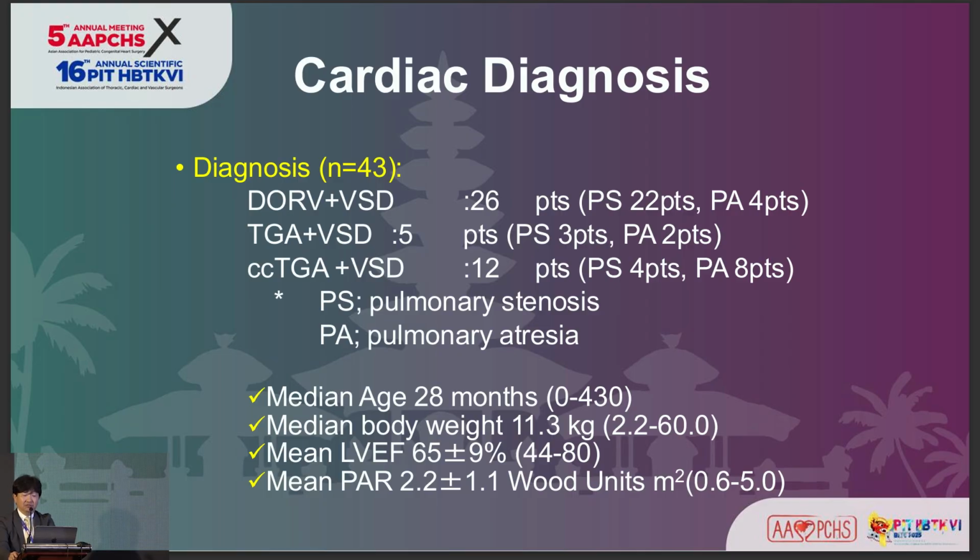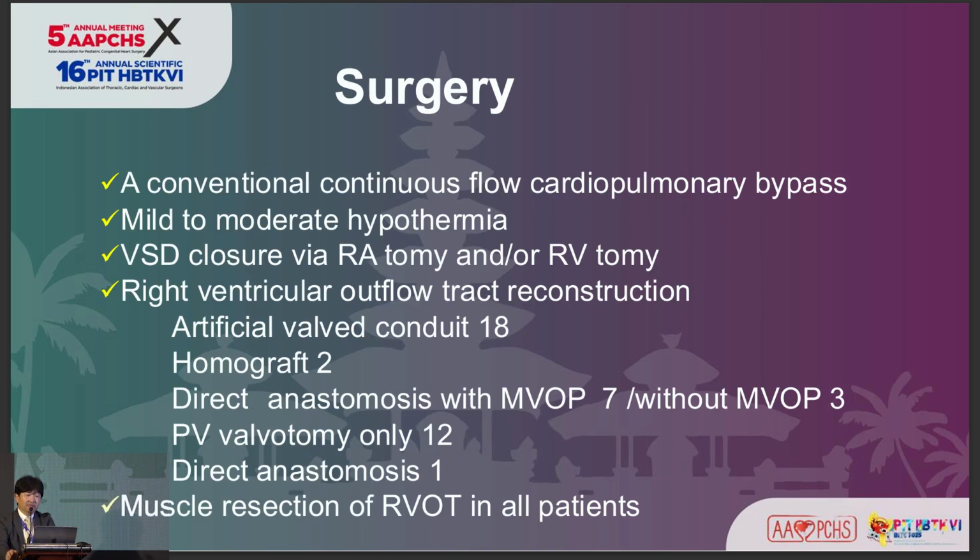Median age is 28 months, and median body weight is 11.3 kg. Importantly, these patients had good LV function and good LV size, in very small numbers. The surgery used cardiopulmonary bypass with mild to moderate hypothermia, VSD closure through aortotomy and RV-otomy as well.